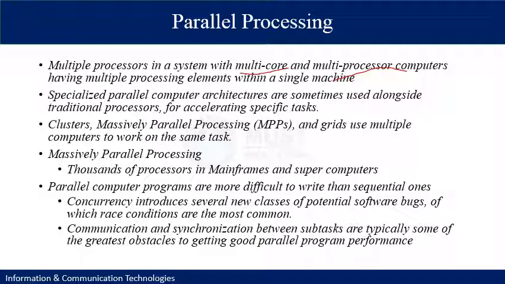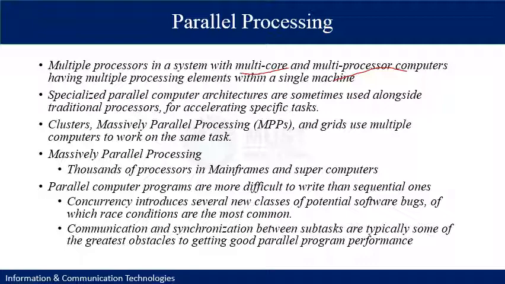This can be done using clusters or massively parallel processing systems and grids, which help to use multiple computers to work on the same task. In massively parallel processing, thousands of processors in mainframes and supercomputers are used in a series.